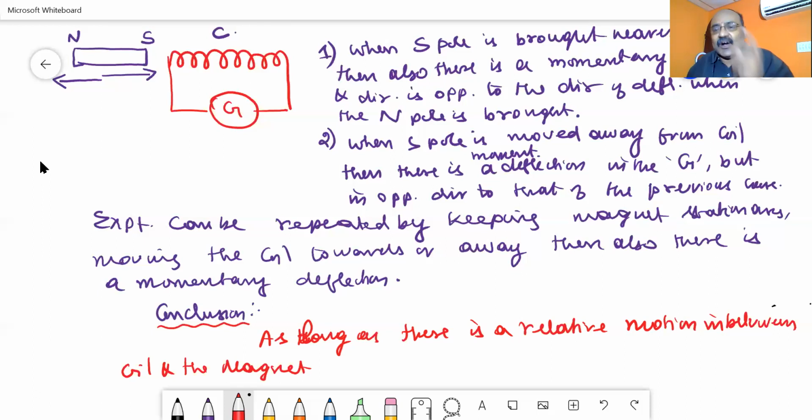As long as there is a relative motion between the coil and magnet, there is a momentary deflection in the galvanometer.